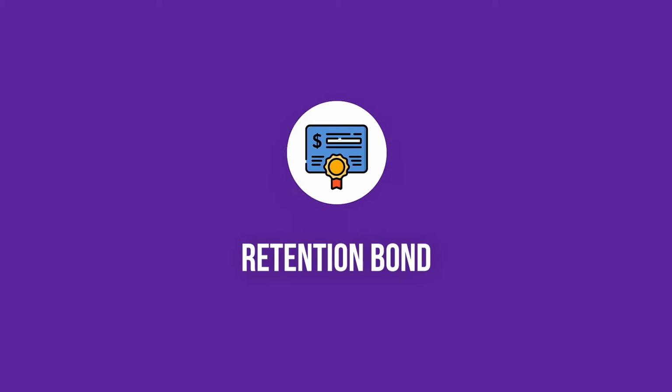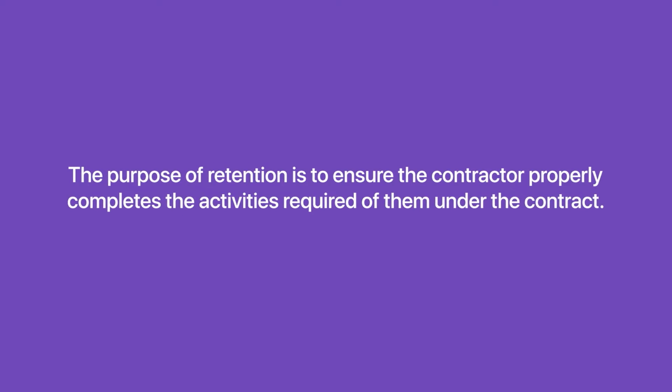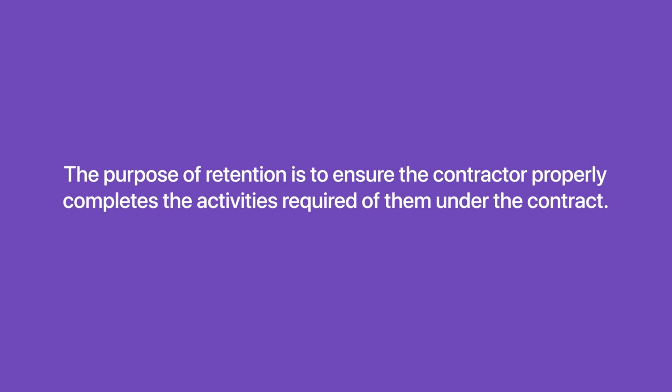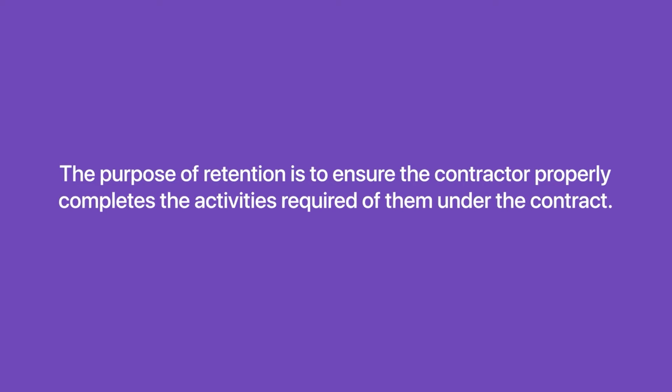Fourthly, we have a retention bond. And retention, if you didn't know, is a percentage, often about 3 to 5% of the amount certified, which is due to the contractor on an interim certificate that is retained by the client. And the purpose of retention is to ensure the contractor properly completes the activities required of them under the contract.